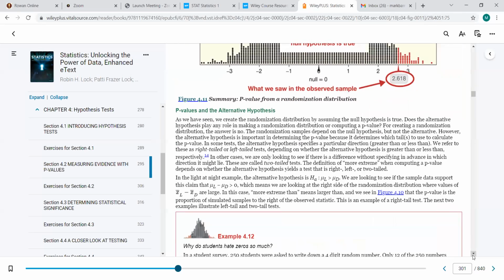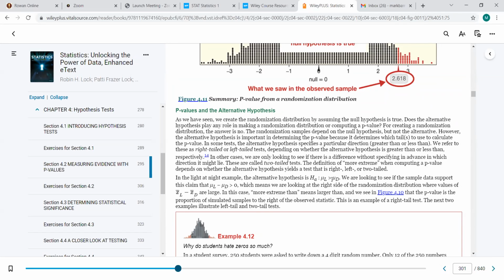Now, the alternative hypothesis determines where we test the p-value. Let me make this clear. Remember, the alternative hypothesis has 3 possible symbols. It has greater than, less than, or not equal to. Now, in this case here, the alternative hypothesis was greater than. The mean of the light group was bigger than the mean of the dark group.